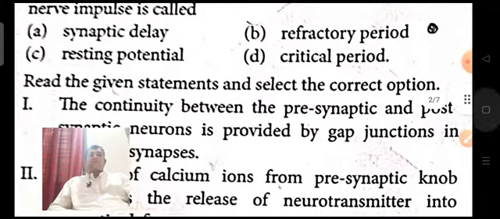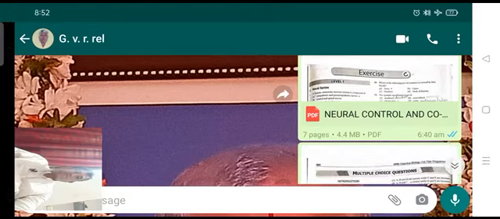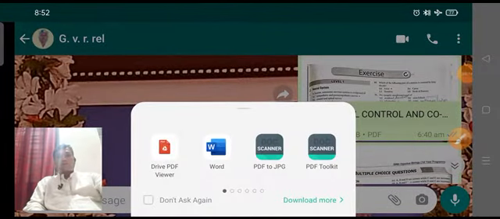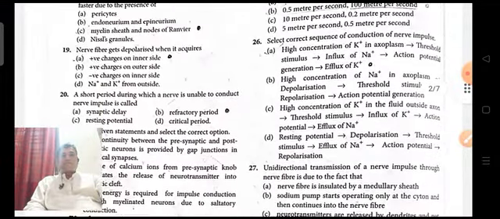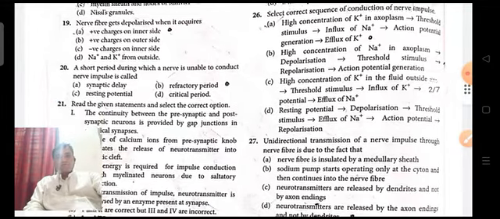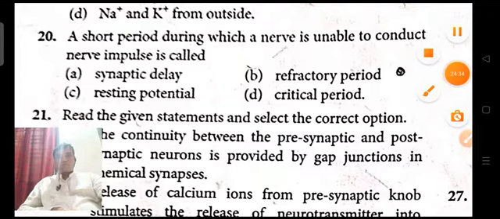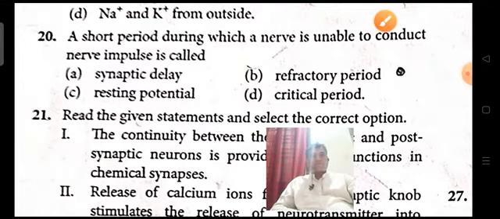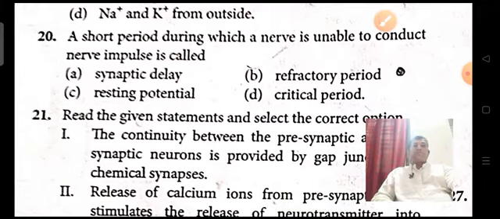The refractory period is also called the adjustment period or stabilizing period.